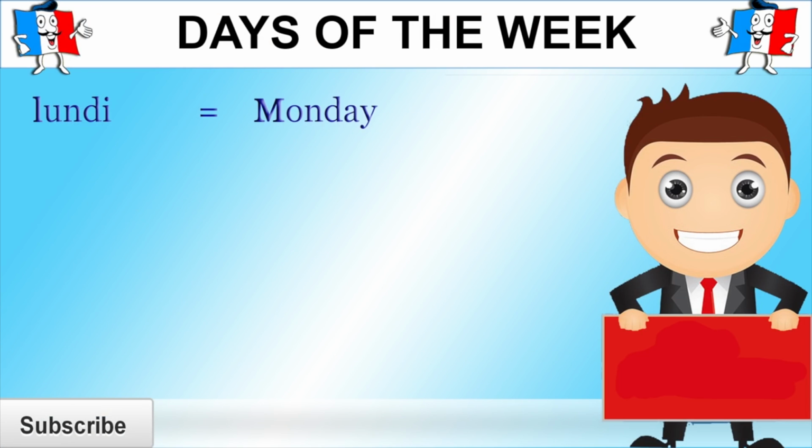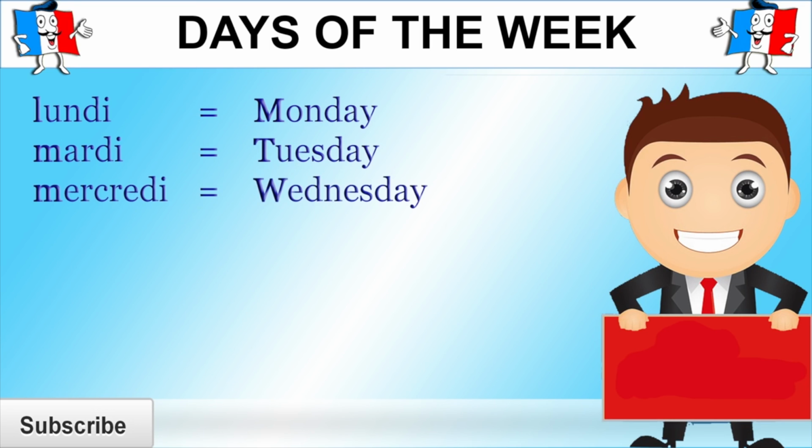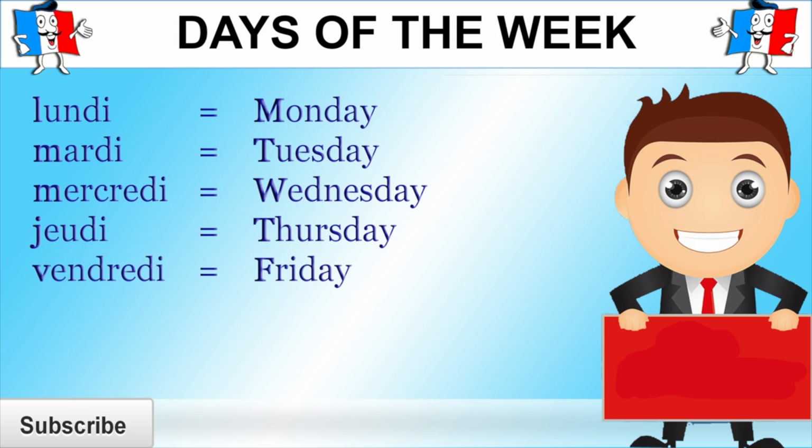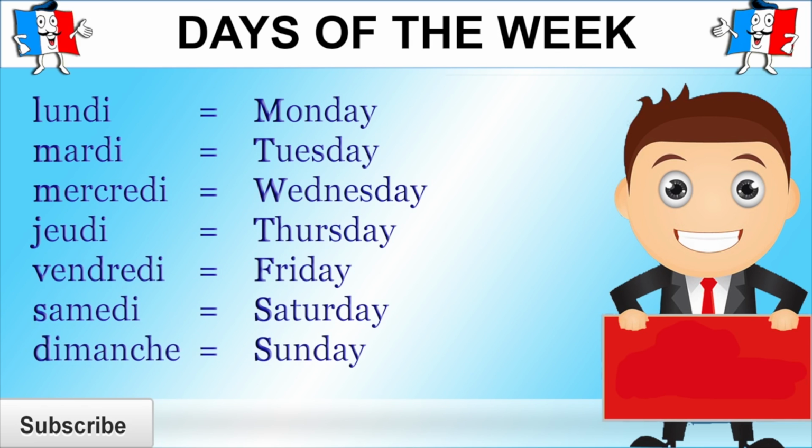So first things first, the days of the week in French are lundi, repeat, lundi, mardi, mardi, mercredi, mercredi, jeudi, repeat, jeudi, vendredi, vendredi, samedi, samedi, and finally, dimanche, dimanche.